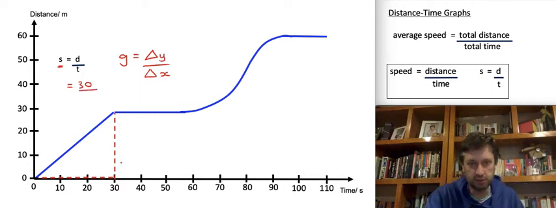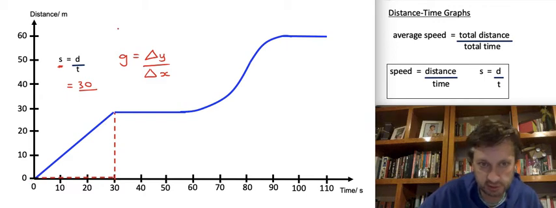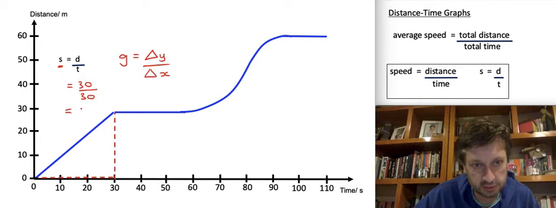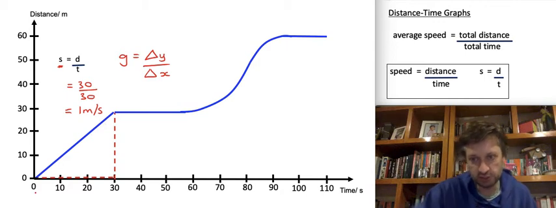And I can also see that, coincidentally, the time taken is 30 seconds minus 0 seconds, which is also 30. 30 divided by 30 is equal to 1 meter per second. Because that line is a straight line, it's an unchanging speed, it's constant speed. So between 0 and 30 seconds of this journey, we had a constant speed of 1 meter per second.